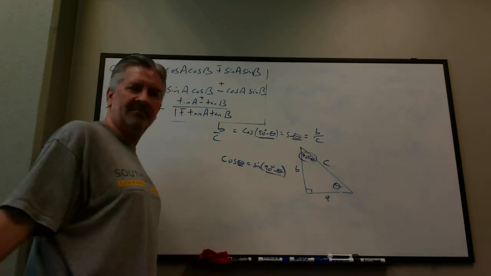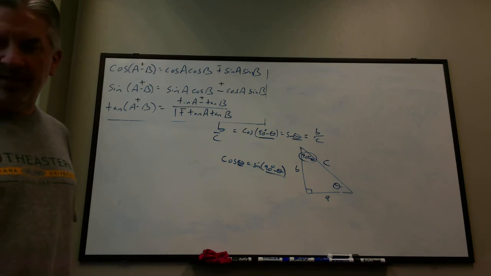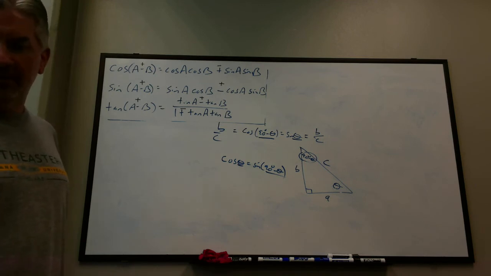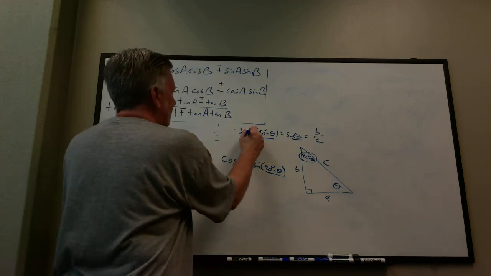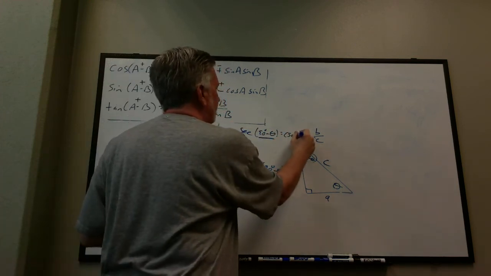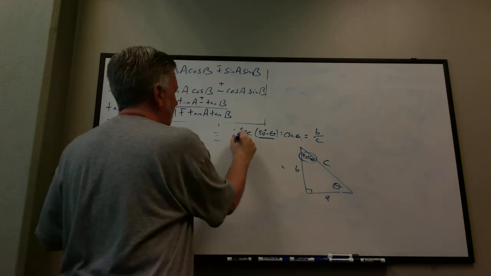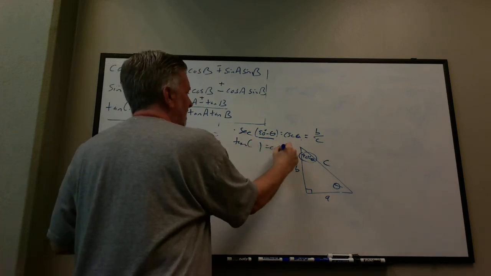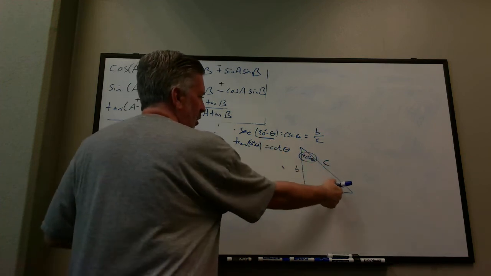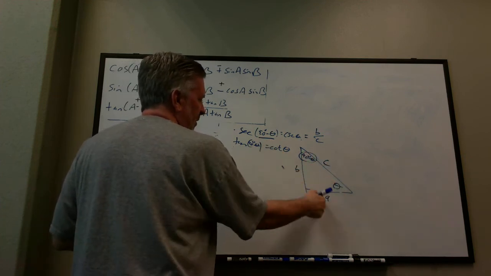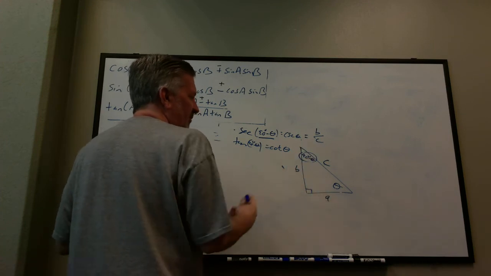The other cofunction identities are similar. You can do secant and cosecant, and you could do tangent and cotangent. Cotangent of theta is A over B. Tangent of this is A over B.